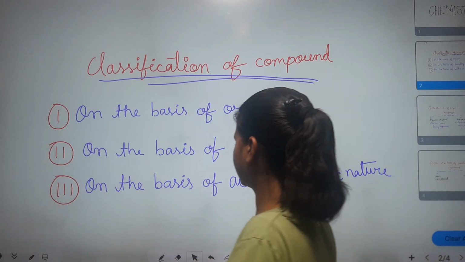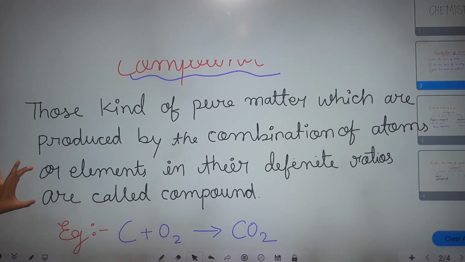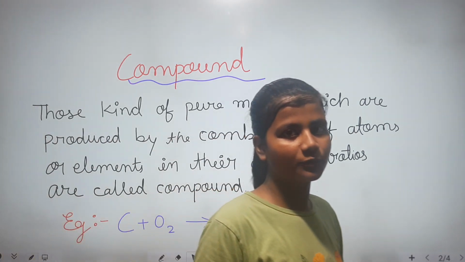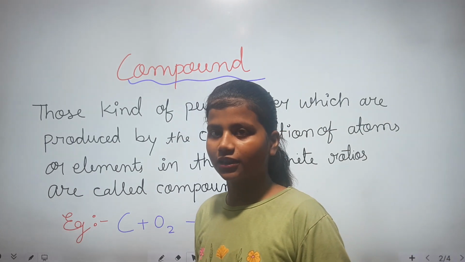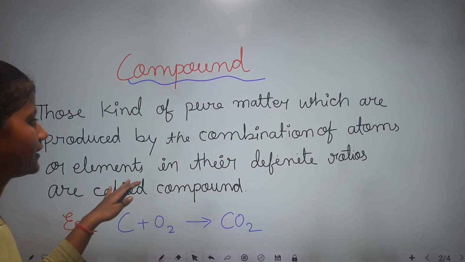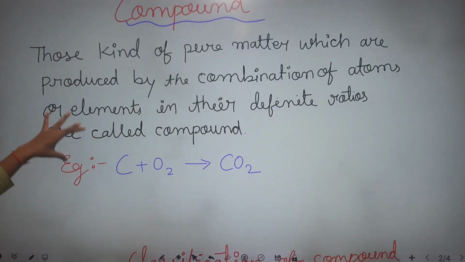First of all, we discussed the compound, that is, those kind of pure matter which are produced by the combination of atoms, or we can say elements, in their definite ratio are called compound.